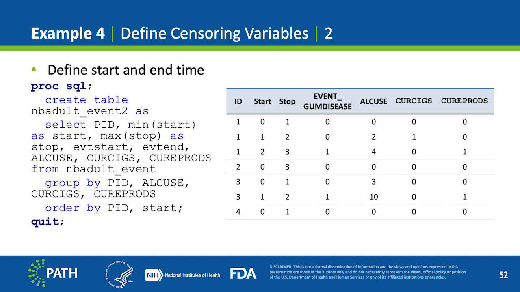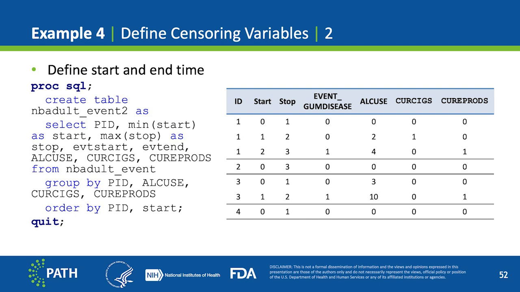In the counting process, when the time-dependent covariates have the same pattern, we could collapse the observations. For example, respondent 2 only takes one row in the data, but the stop equals 3. This means the values of the event gum disease and the 3 time-dependent variables didn't change across the 3 waves.